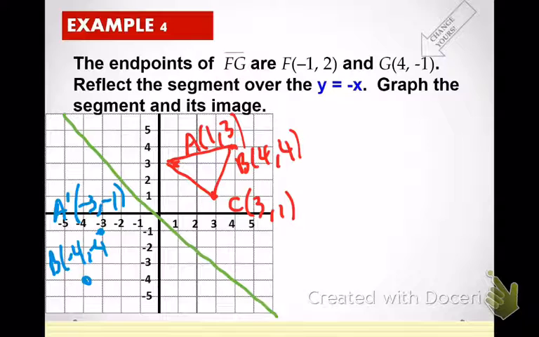And then C. Allie, what's C going to be? Negative 1, negative 3. There's C prime. We draw the triangle. It's a reflection. Any questions on that? Okay.